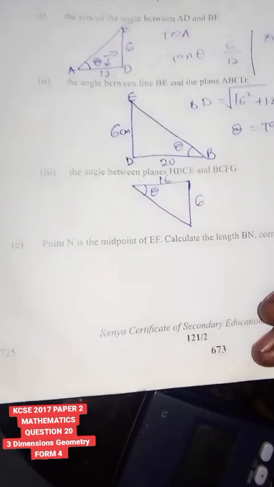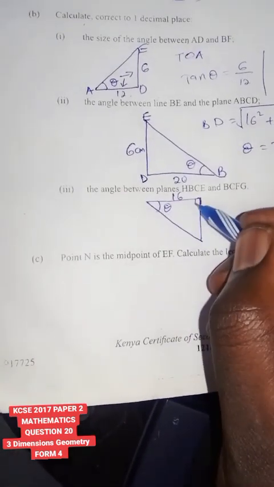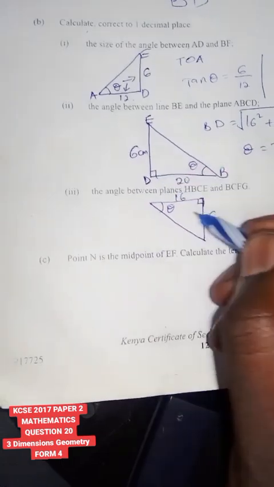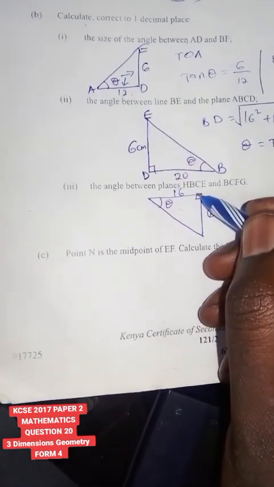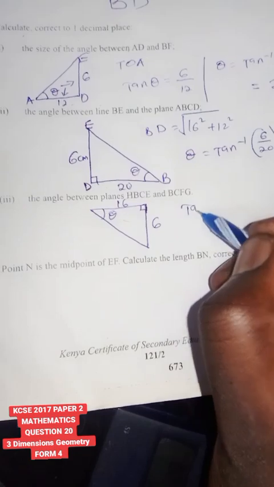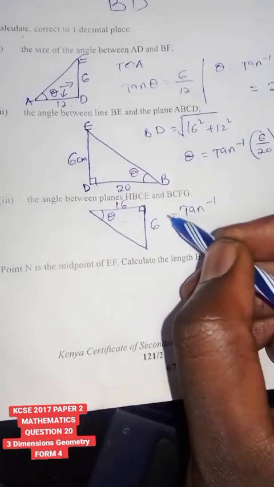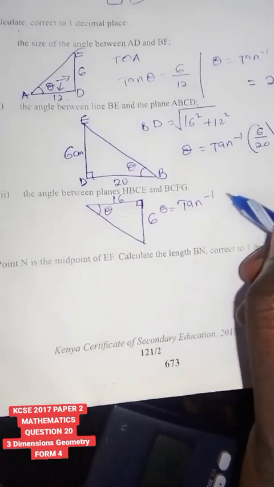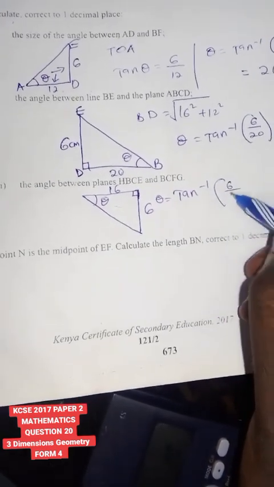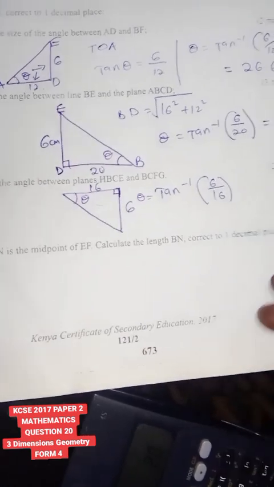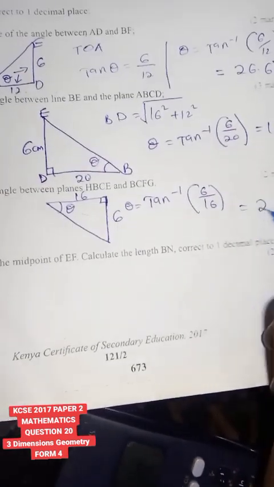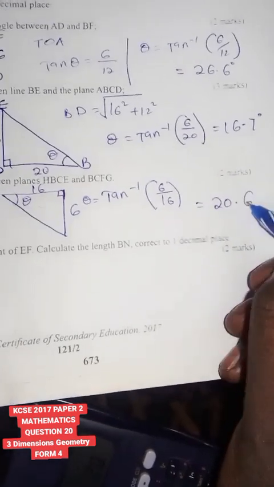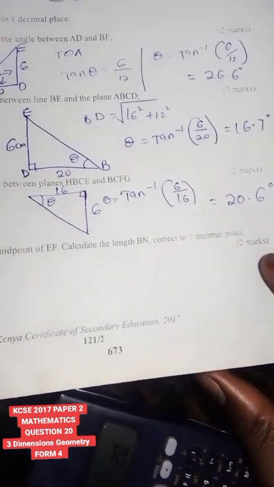Because this one is 90 degrees, we have opposite and adjacent. So we are going to say tan inverse, because it's the theta we are looking for. Tan inverse of opposite over adjacent, 6 over 16. That one, I'll have my answer as 20.6 degrees for the 2 marks.